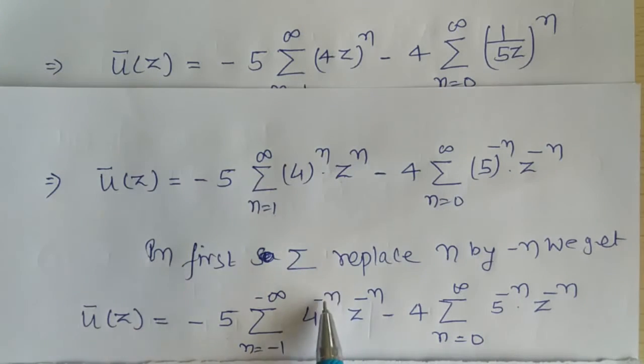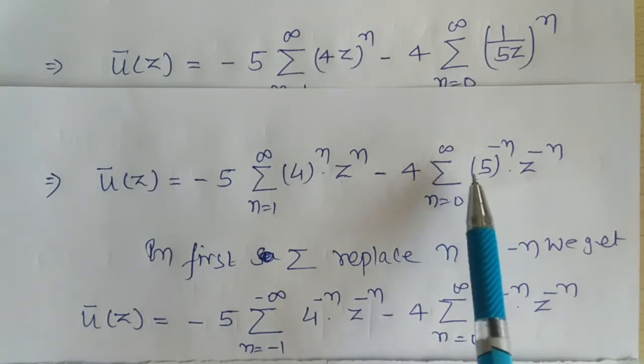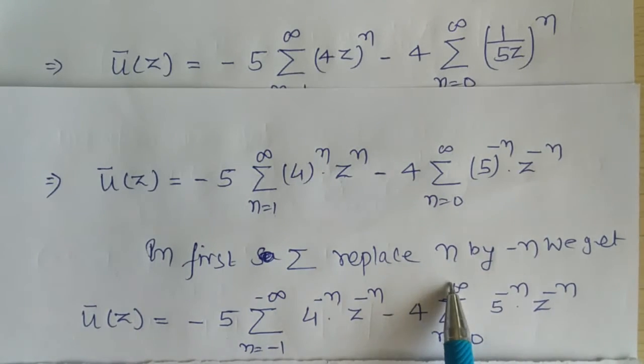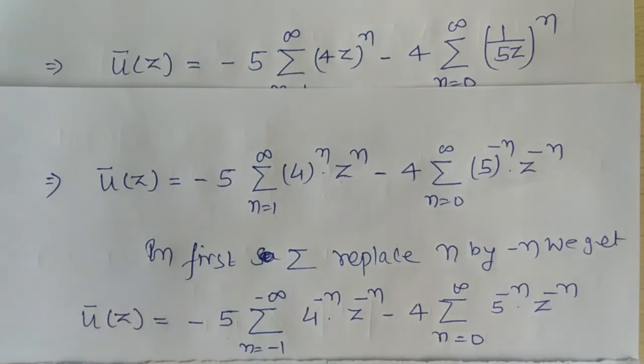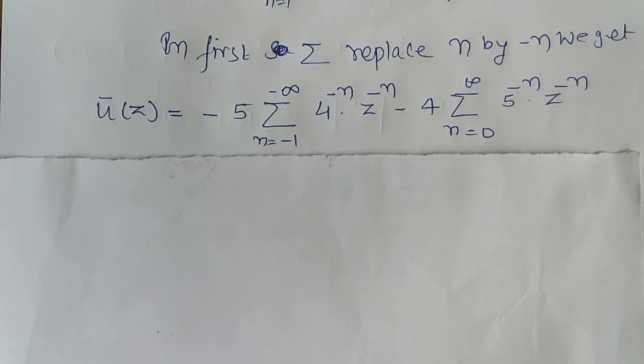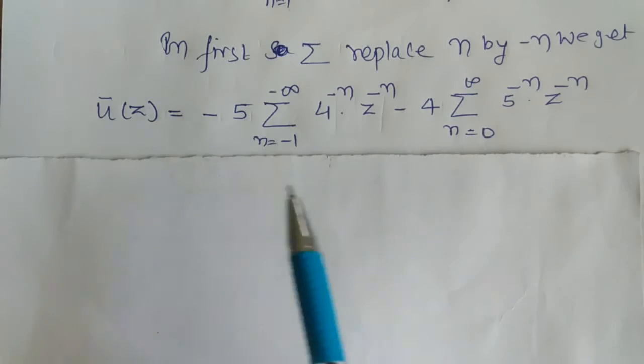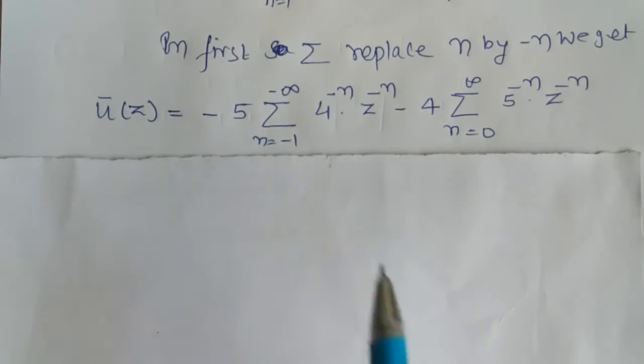Now 4 power minus n into z power minus n, minus 4, second summation as it is, n goes from 0 to infinity, 5 power minus n z power minus n. Now from this expression we collect the coefficient of z power minus n, which is the inverse z transform of U bar(z).